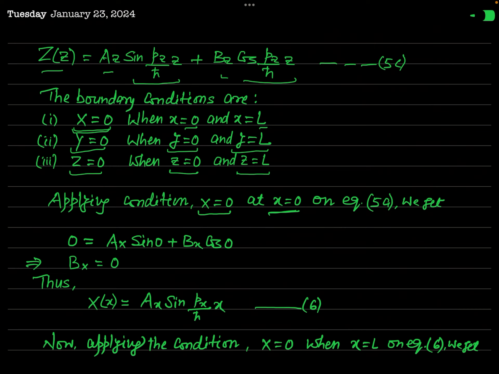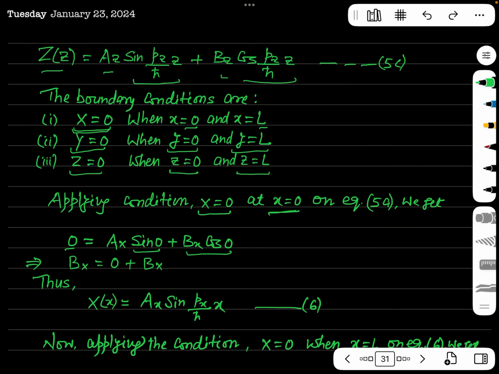So applying this condition, we can write 0 is equal to Ax times sine 0 plus Bx times cos 0. But you know, sine 0 is 0, so the first term is 0, and cos 0 is 1, so the second term is Bx. Okay?